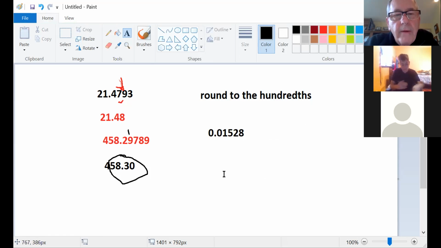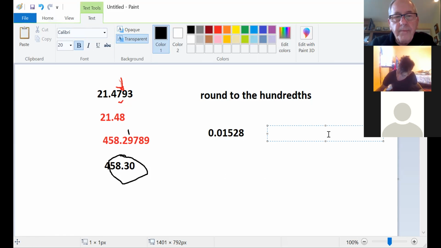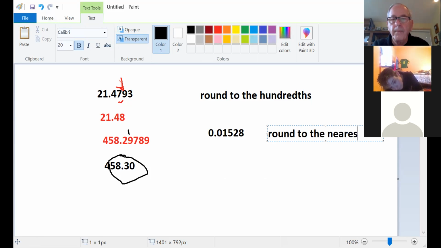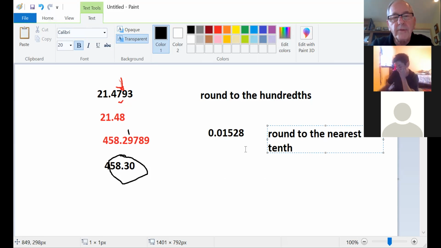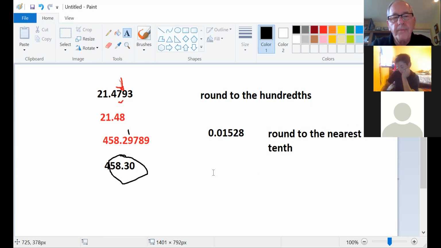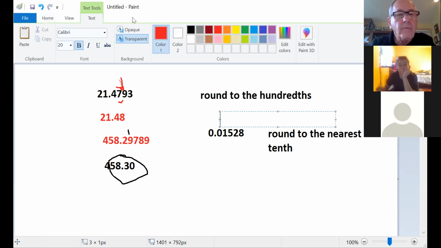So if I say round this one to the nearest tenths, okay, I want to round this to the nearest tenth. What do I do in this one? Where is the tenth? It's right there. It's the very first one, right? That would be the tenth.